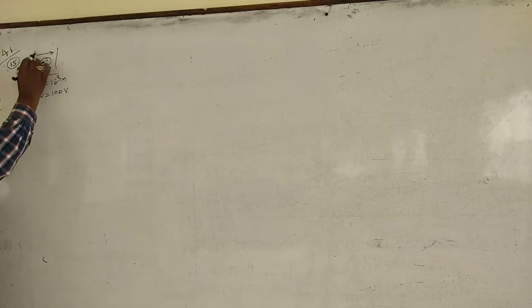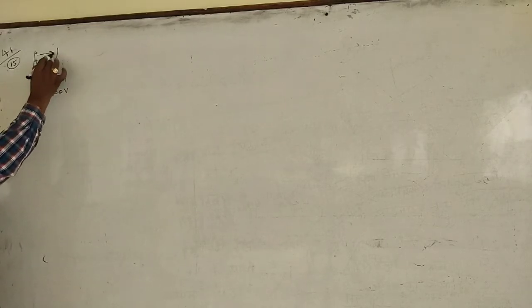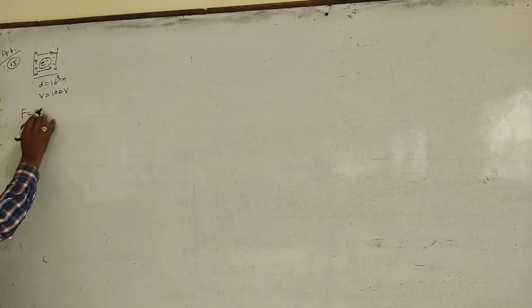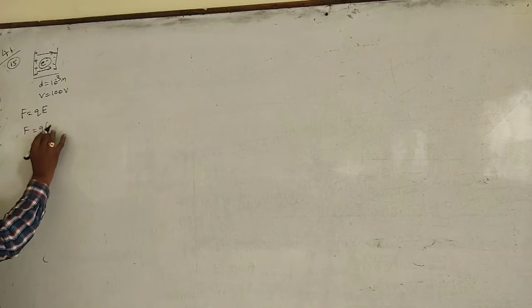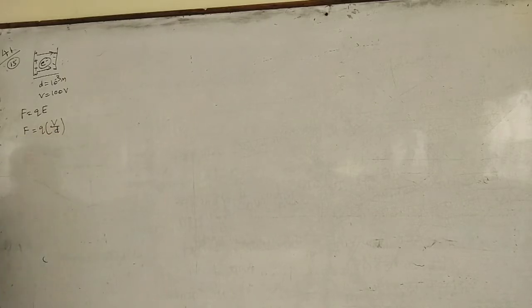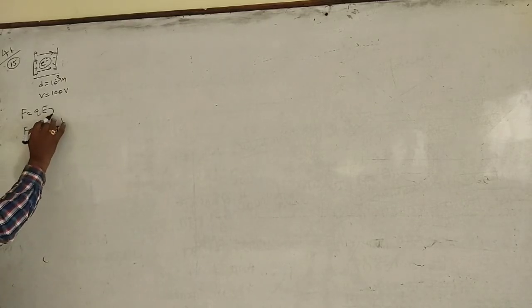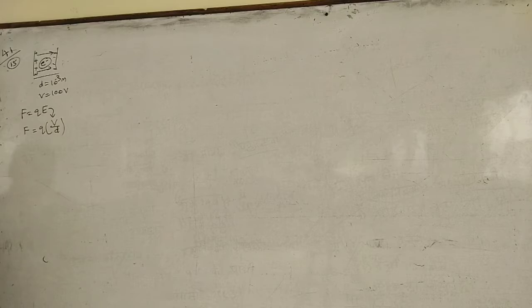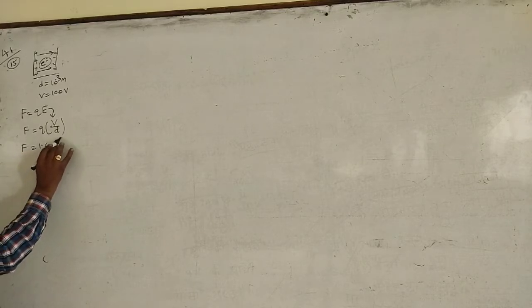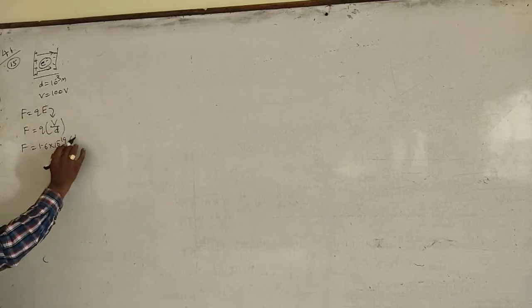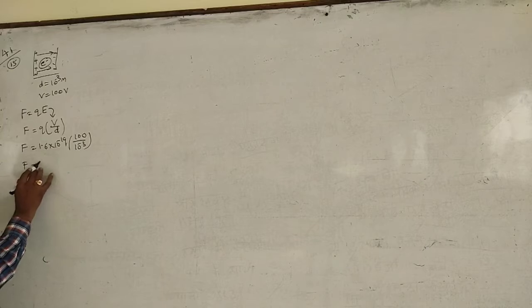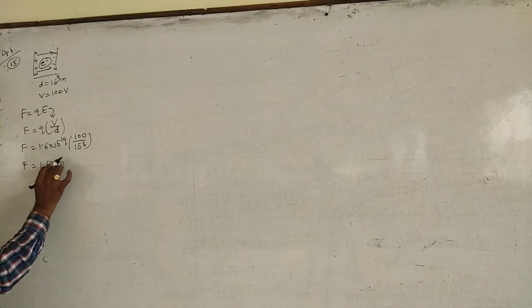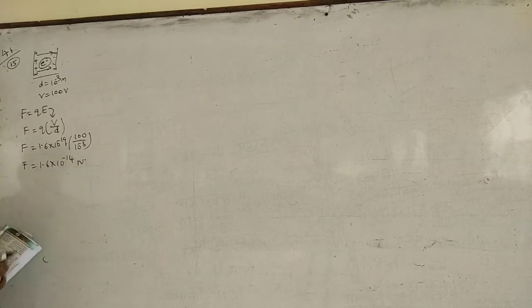F equal to Q E is the force acting. Then F is equal to Q into V by d. We already know the relation between electric field and potential. F is equal to the charge of the electron, 1.6 into 10 power minus 19, into V, which is 100, by 10 power minus 3. So F is equal to 1.6 into 10 power minus 14 newtons.